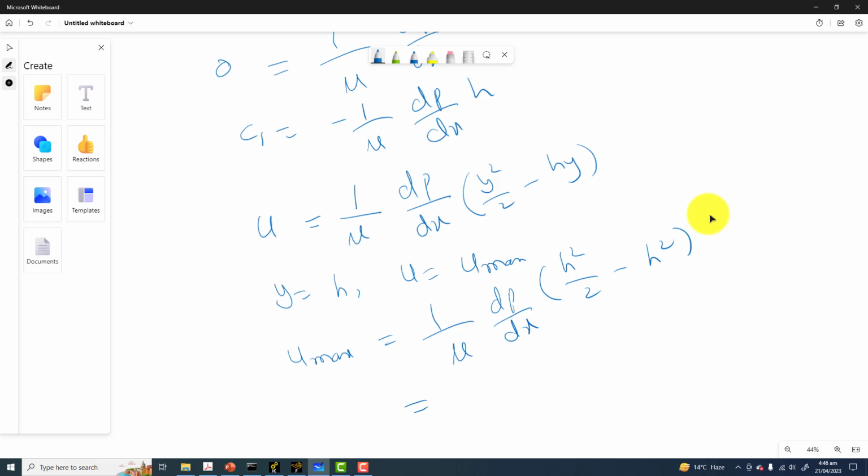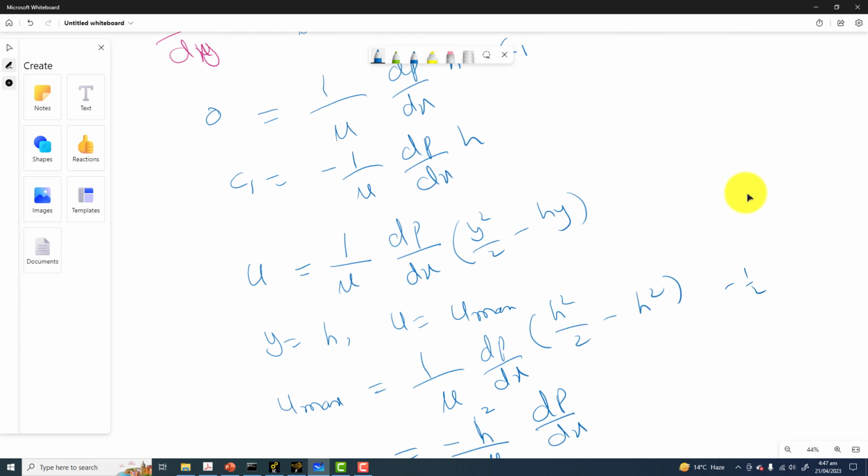So 1 upon 2 minus 1 is equal to minus 1 upon 2. So this is equal to minus 1 upon 2 mu, and this will be h square dp by dx. This is the value of u max.